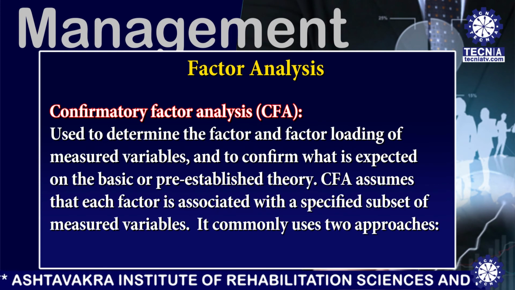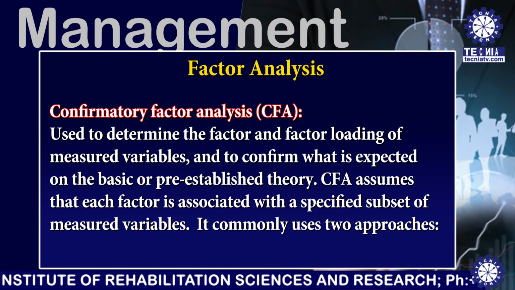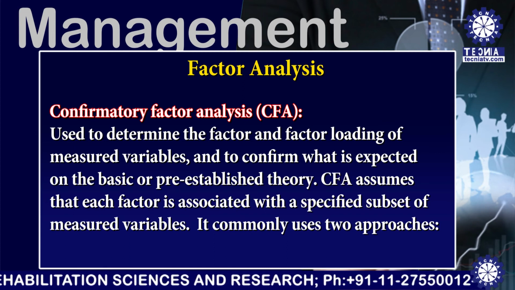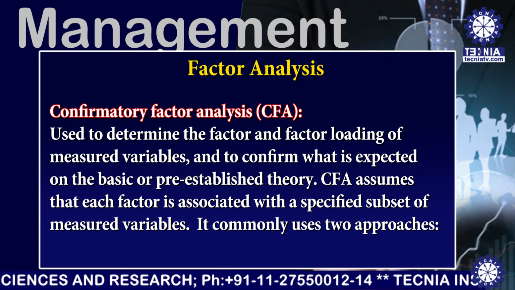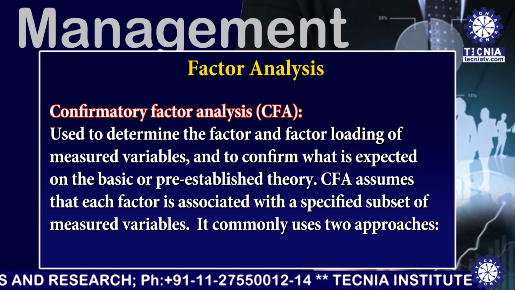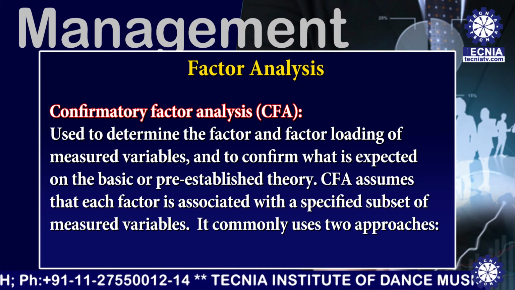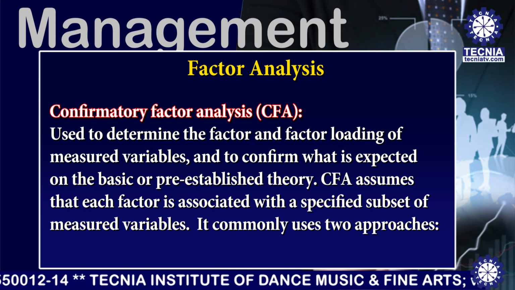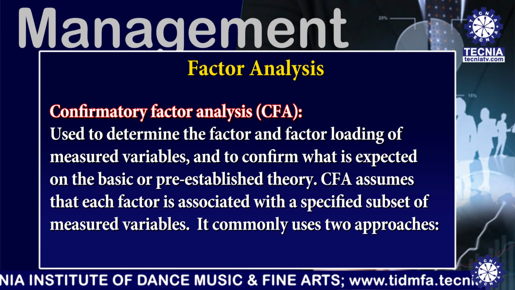Second one, which is confirmatory factor analysis, which is used to determine the factors and factor loadings of measured variables and to confirm what is expected on the basis of pre-established theory. CFA assumes that each factor is associated with a specified subset of measured variables.